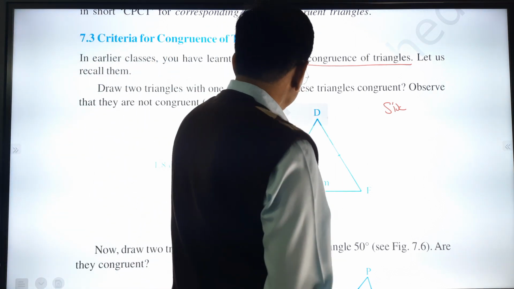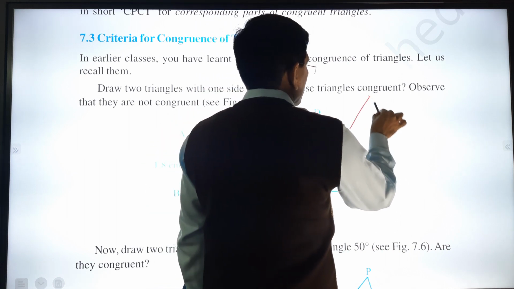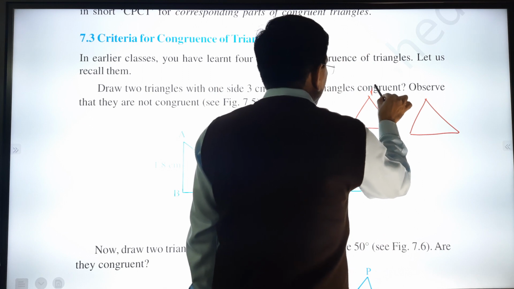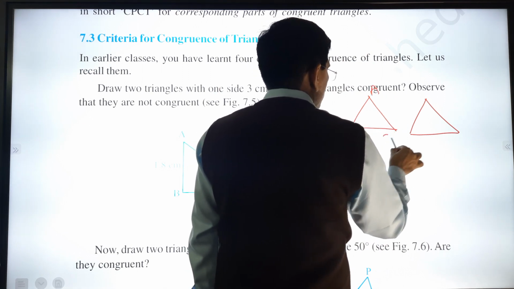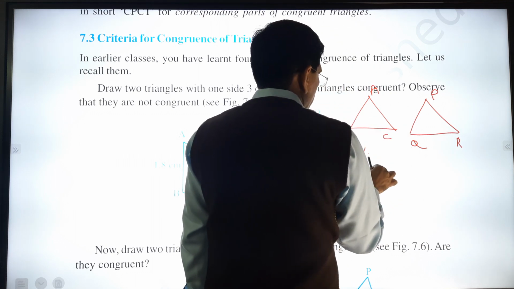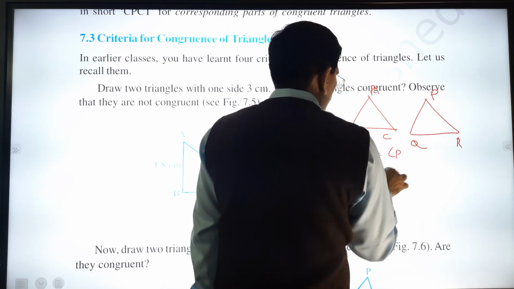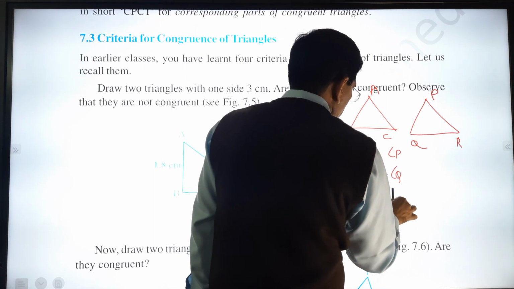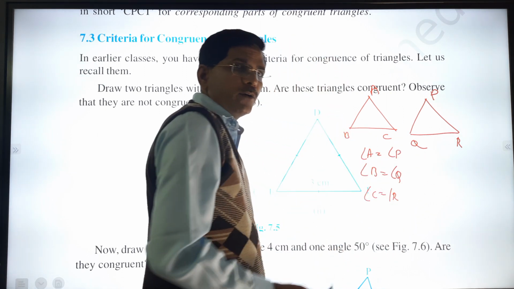If I want to prove 2 triangles congruent, every time what I have to say? ABC, PQR. Every time I have to say angle A with angle P, angle B with angle Q, angle C with angle R.